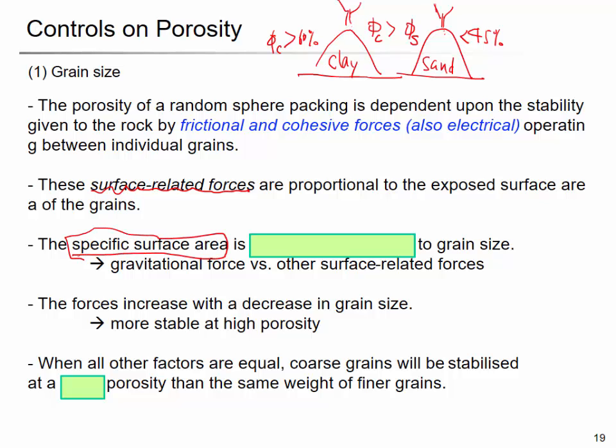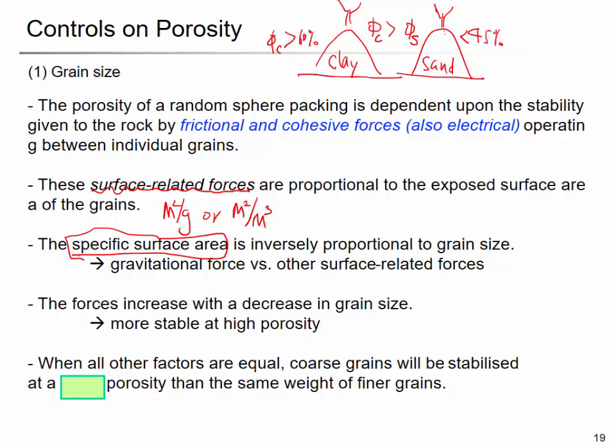And what is specific surface area? I think we talked about this, right? The surface area of the grain over unit volume or maybe unit mass, so meter squared per gram or meter squared per meter cubed. And specific surface area is inversely proportional to grain size.